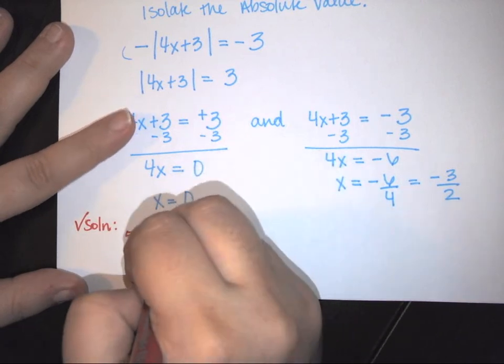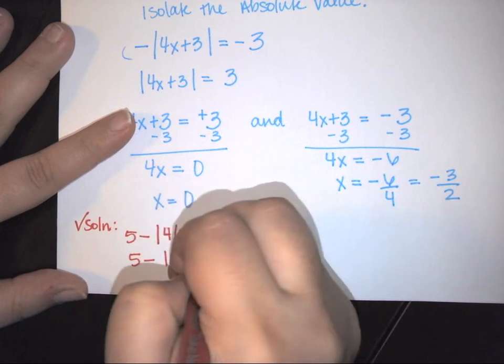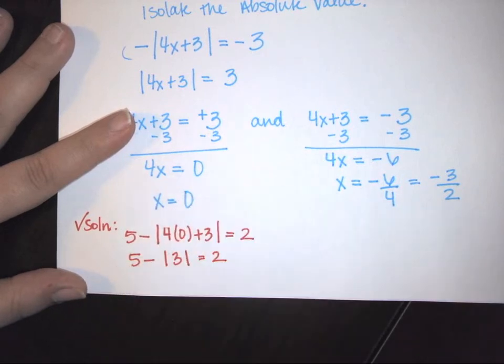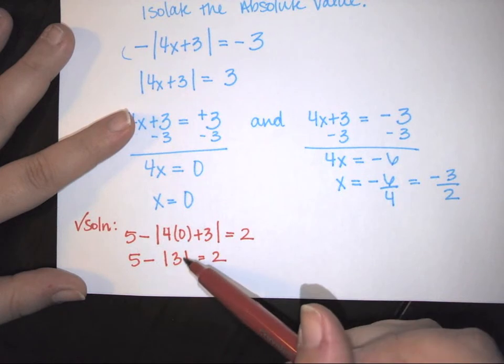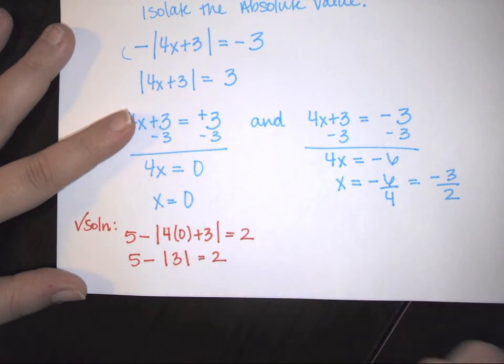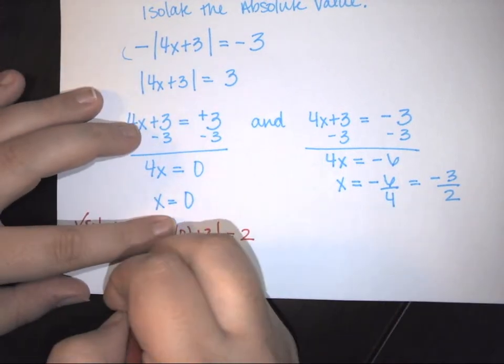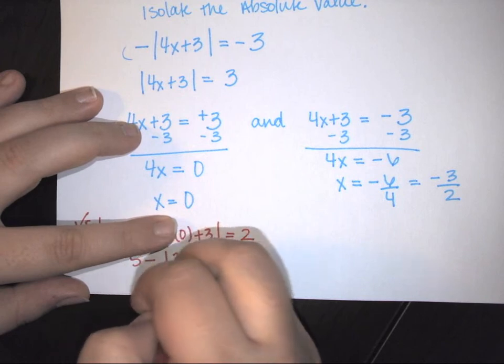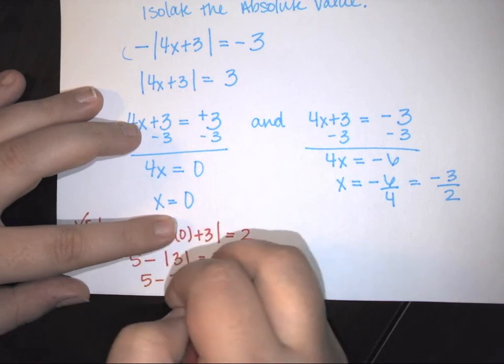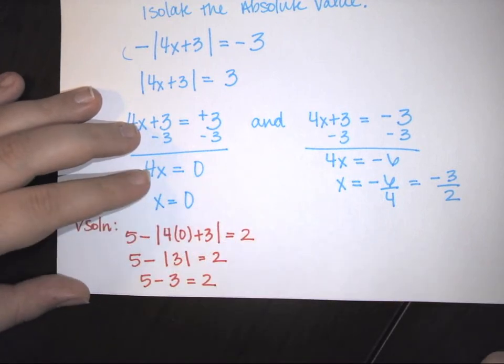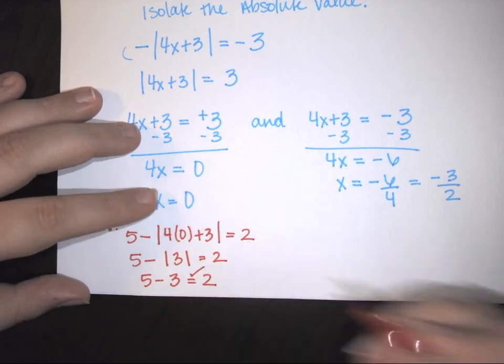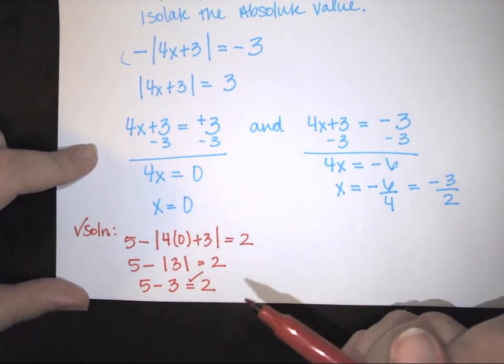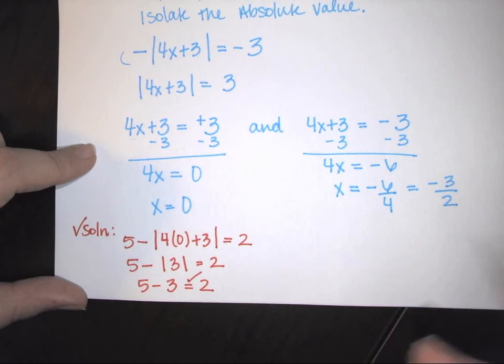So this is the absolute value of 3. Remember, your rule says when you evaluate your absolute value, it always comes out positive. So I have 5 minus 3 equals 2. And is this a true statement? Well, yes it is. Therefore, that first solution works.